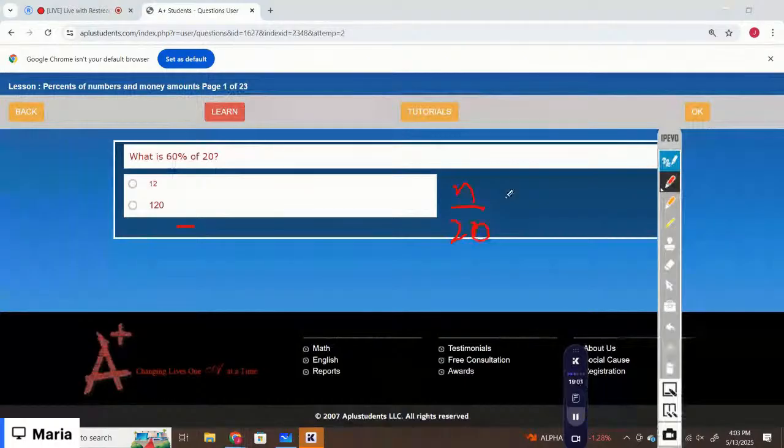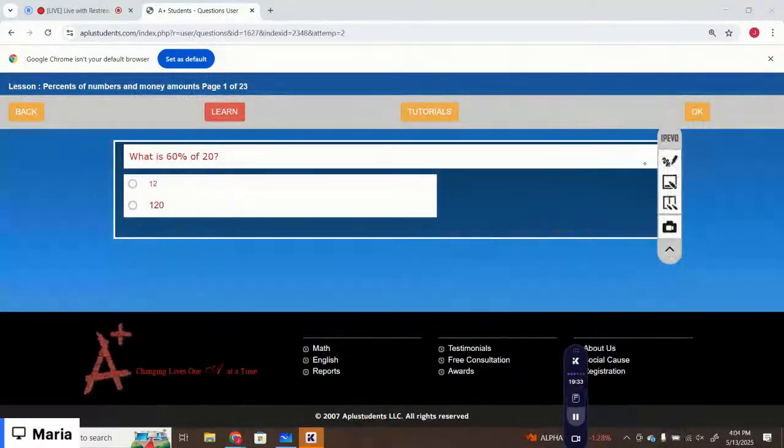So n divided by 20 equals 60 over 100. That is n equals 60 times 20 over 100, which is 12. Option number 1 is the correct option. 60% of 20 is 12.